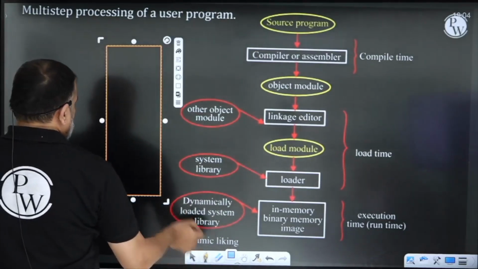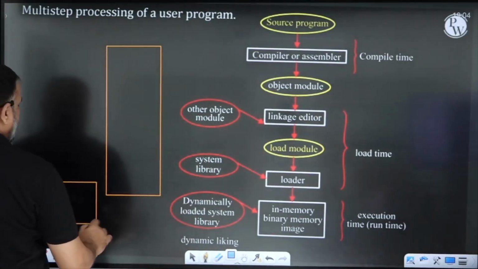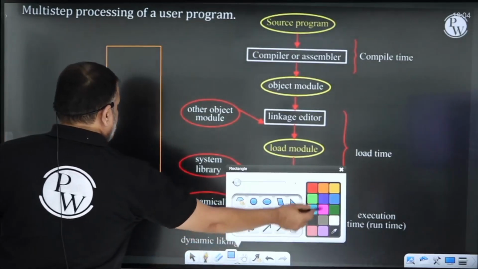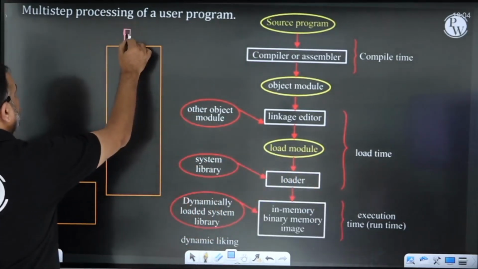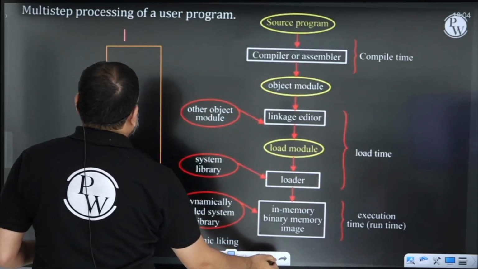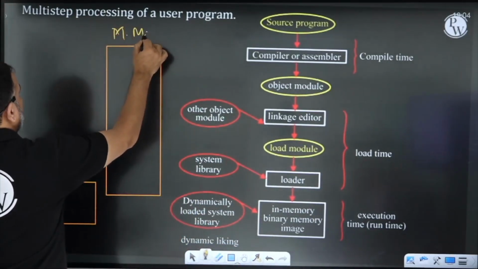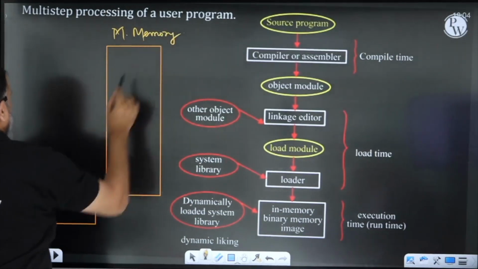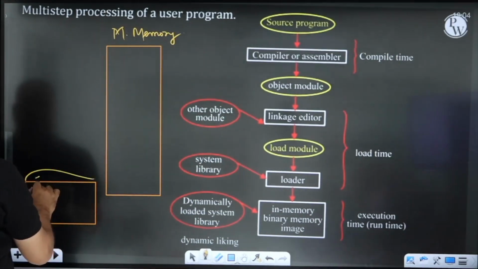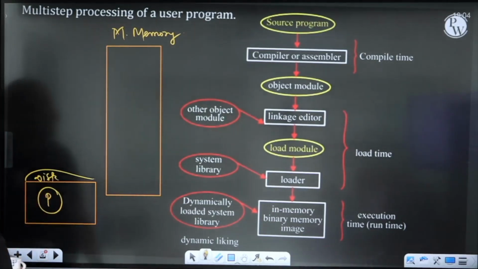Listen, this is memory, main memory, and this is the disk. Let us say on disk I have some program. The program consists of instructions and data.